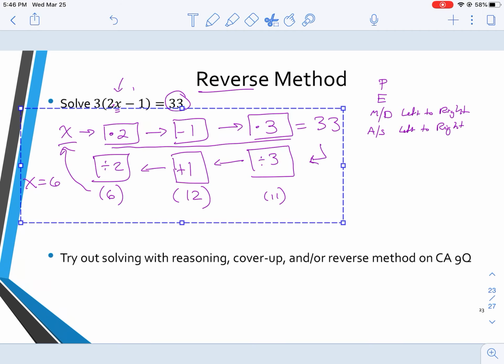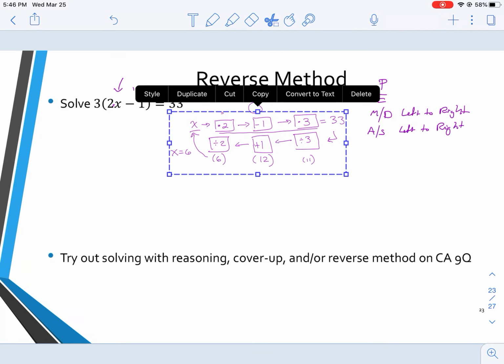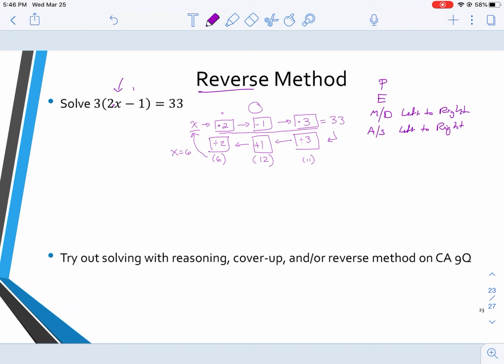Let me shrink this down. If I solve this, and again, I would have to skip the distributive property, but 2 times something, this first step, 3 times something, this first step, I would divide both sides by 3 and get 2x minus 1 equals 11.